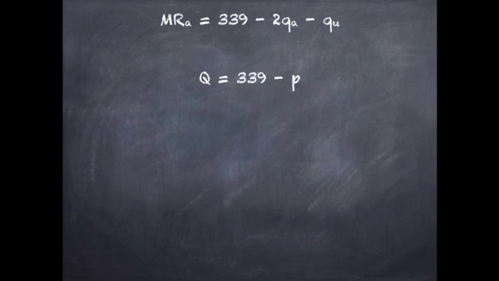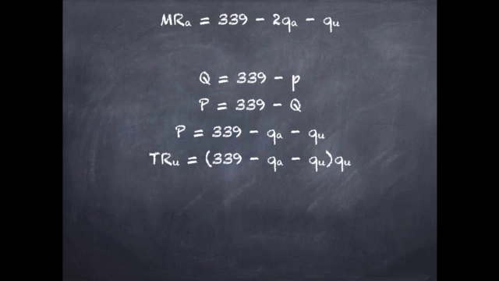Now we will do the same thing for United. So we start again with the original demand function. We convert that to an inverse demand function. And we recognize that Q is a function of QA and QU. Remember, this is a duopoly. The entire market constitutes just American Airlines and United Airlines. So QA plus QU equals Q. And we want to find out the total revenue for United.